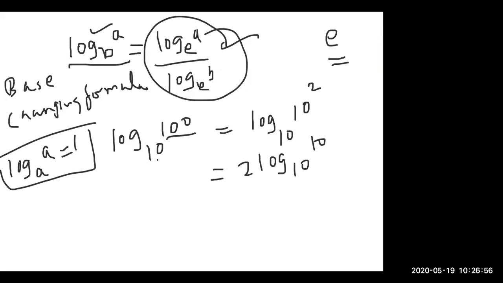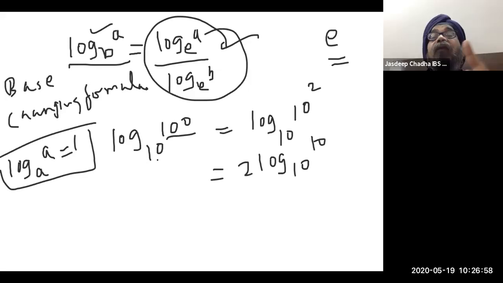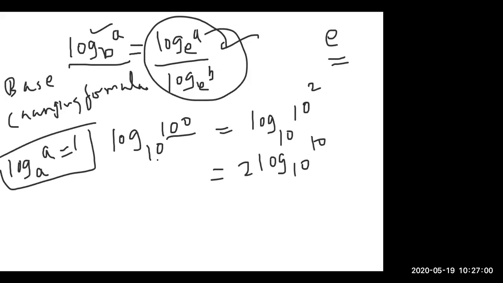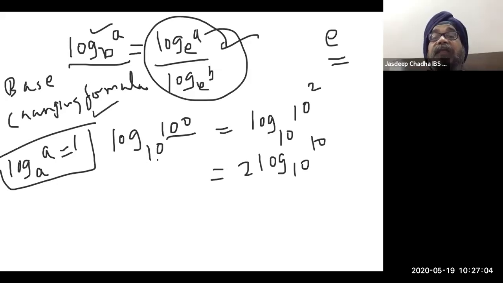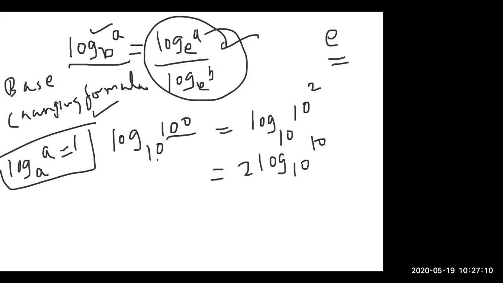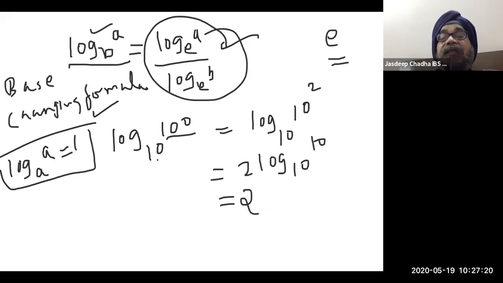If the base and this number are the same, the value of that logarithm is always 1. This is very important. You can also write it down. Log a to the base a is 1. So here a is 10. Log 10 to the base 10 is what? 1. So the answer is 2.